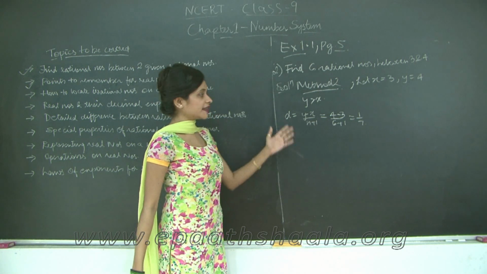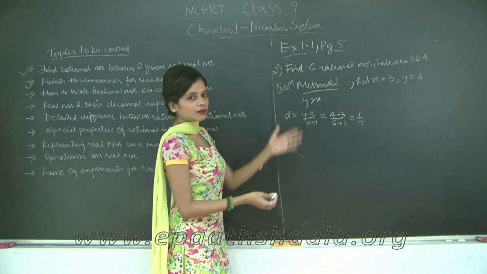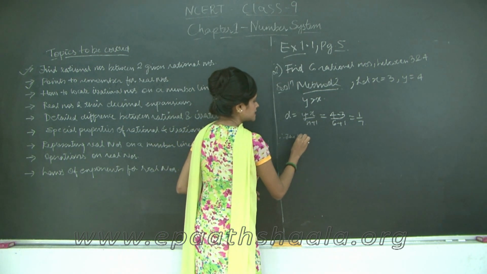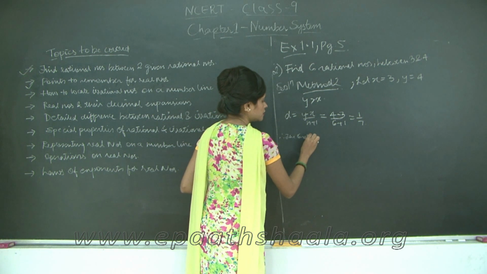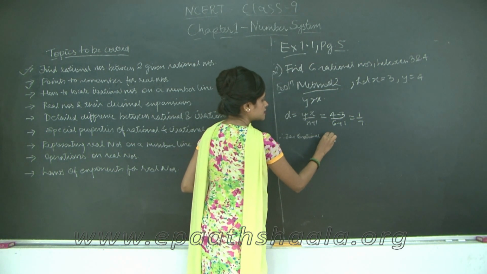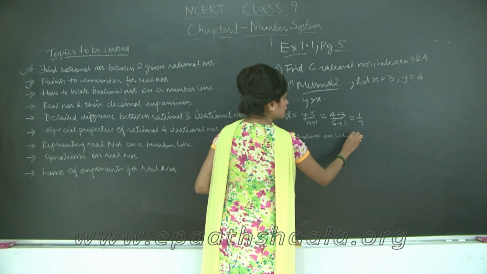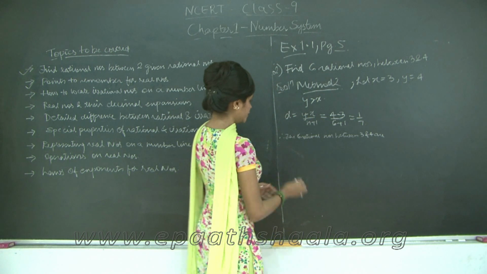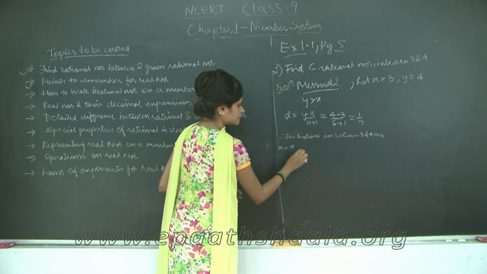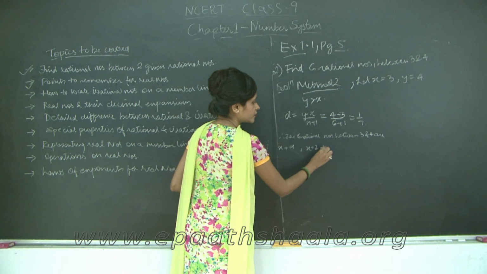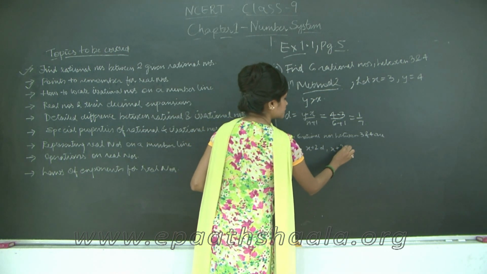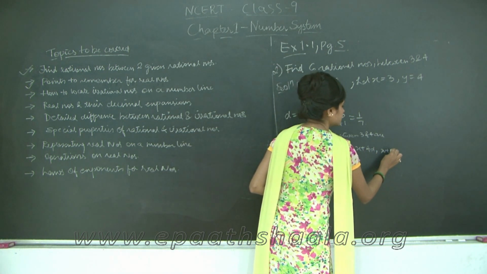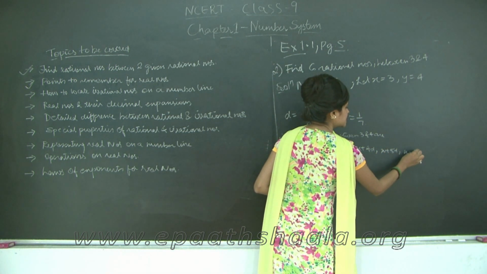Now, we also know that by the second method, these rational numbers that we need to find are as follows. Therefore, the 6 rational numbers between 3 and 4 are x plus d, x plus 2d, x plus 3d, x plus 4d, x plus 5d and x plus 6d.